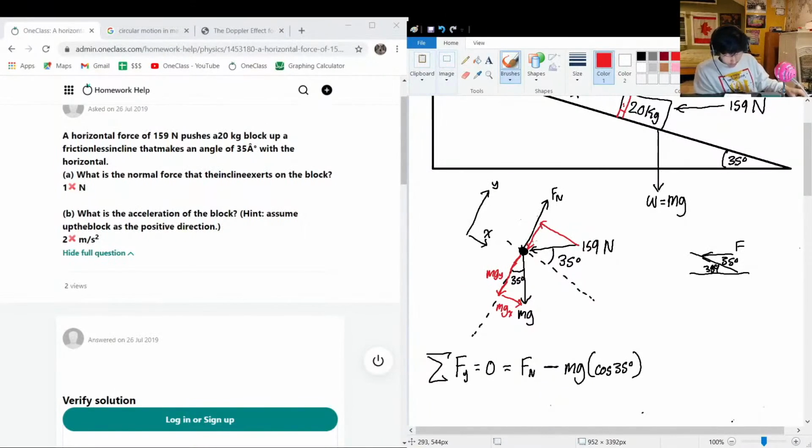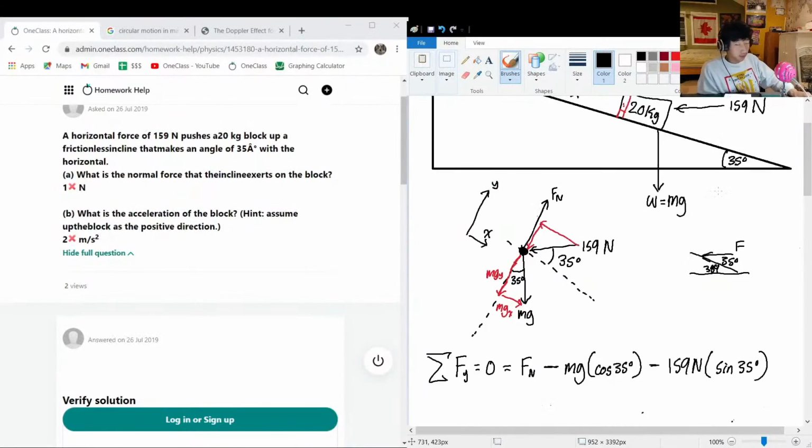So we only want the one that's along the y, and that's got to correspond to sine 35. So let's draw that in: minus 159 Newton times sine 35 degrees. Okay, awesome.